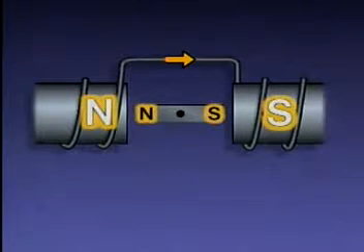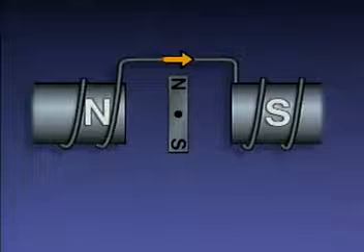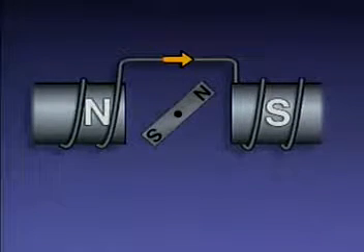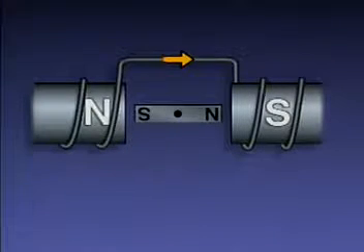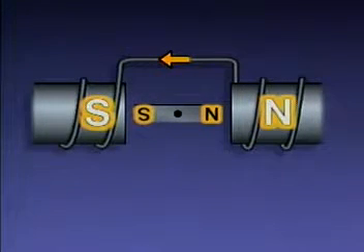The like poles repel each other, so the rotor begins to rotate. The rotor's momentum and the attraction of its poles to the unlike stator poles also contribute to the rotation. As the rotor is turning, the current flow through the coils reverses direction, which causes the poles in the stator to reverse.